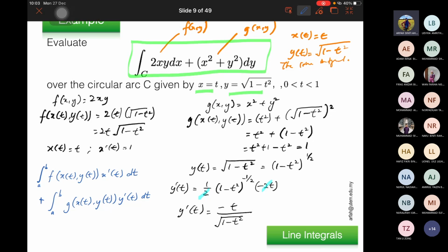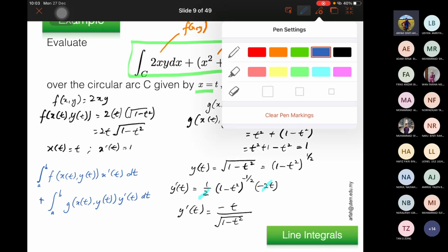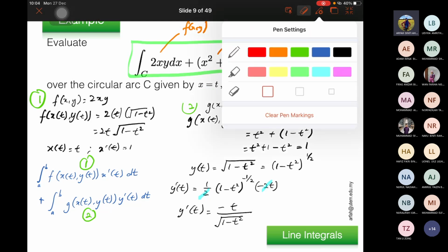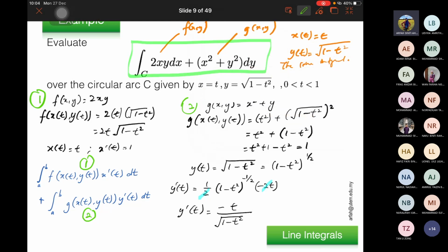So cuba masukkan. Semua information dah ada, you just substitute in the given equation. Okay. This is the first part and this is the second part. Yang ini 1, yang ini 2. So yang ini semua untuk first part and this all for the second part. So substitute in there, what will you have? Cuba try that one. Dan kita tengok sama-sama.